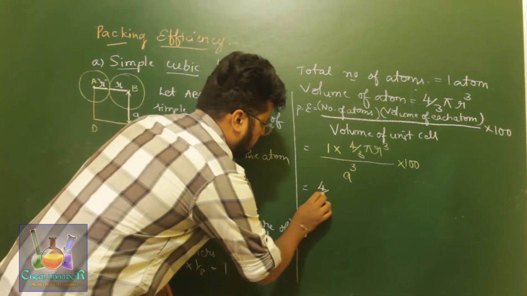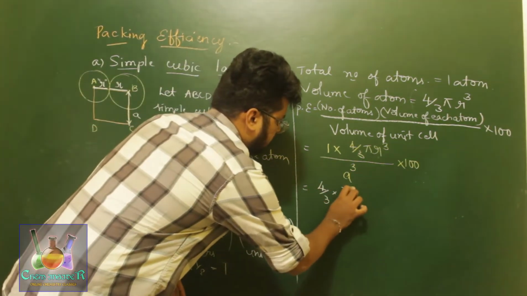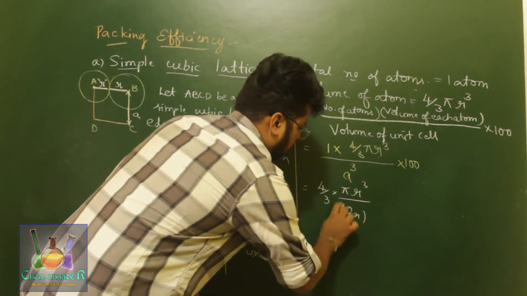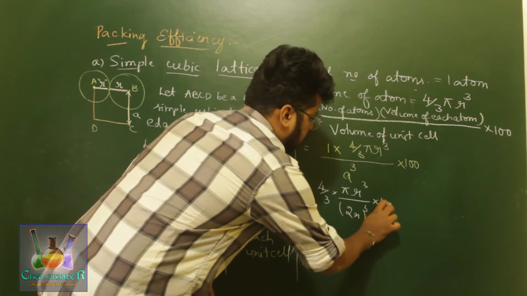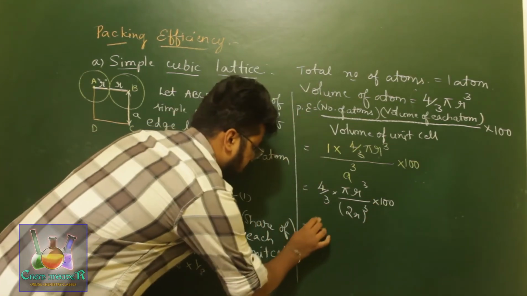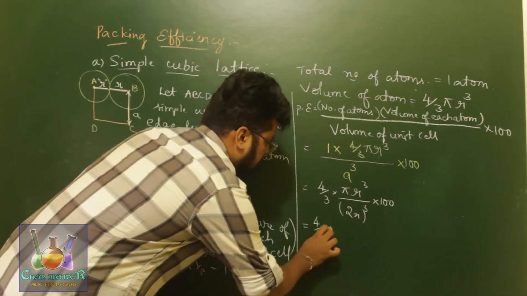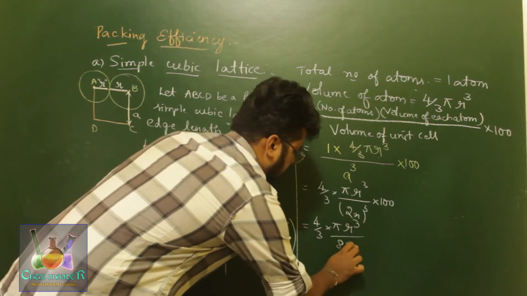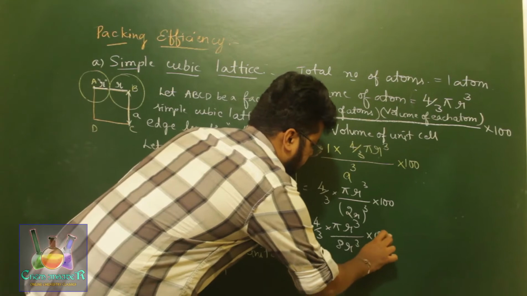Now substitute the value of A, which we know from equation 1, that is 2R. So that will be 4 by 3 into pi r cube divided by 2R the whole cube into 100. That gives us 4 by 3 into pi r cube divided by 8 r cube into 100.